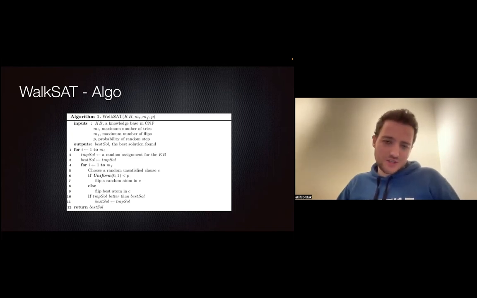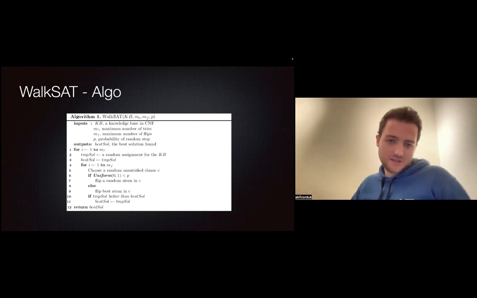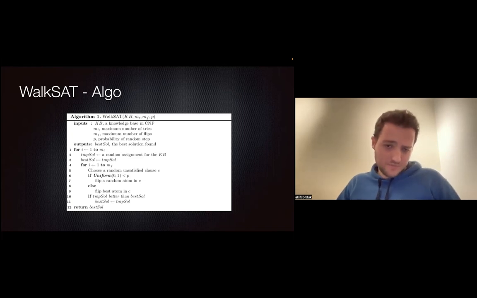So basically change the Boolean value of a literal in this clause, and see if the other clauses that contain this particular literal have also become satisfied, or if some clauses that were satisfied before became unsatisfied by flipping that bit.